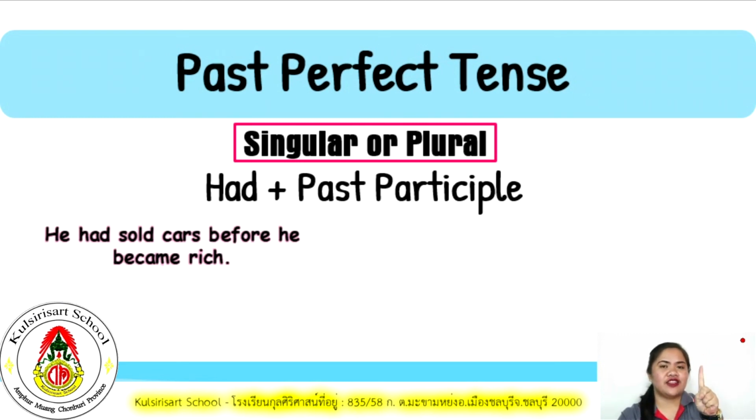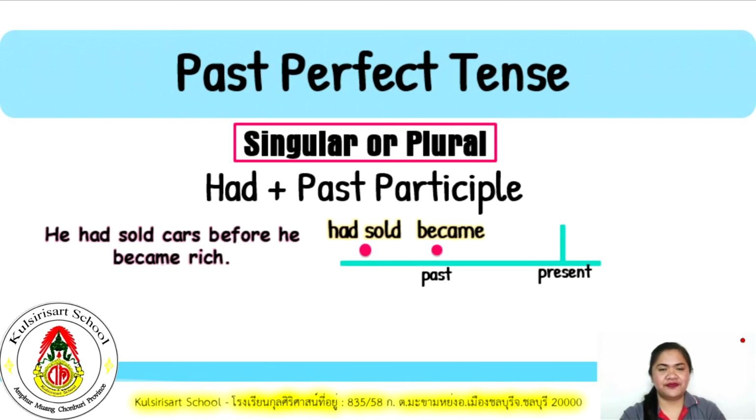One is in the past perfect tense and the other one is in past tense. Now we have here the timeline. Okay, the past action or the past tense is became. Before he became rich, of course he had sold cars. Did you get it? That's great.